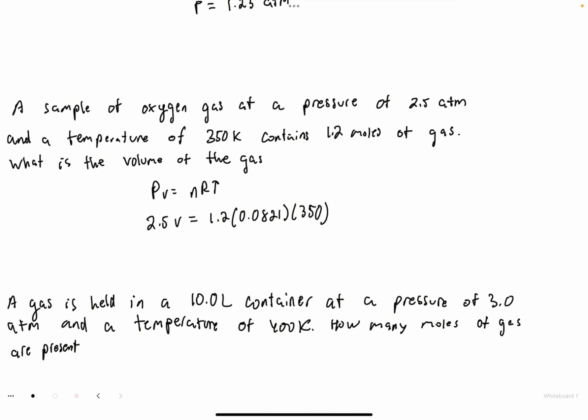Now it's really just about the plugging and chugging. So 1.2 times 0.0821 times 350, divide that by 2.5, you get roughly 13.8 liters.